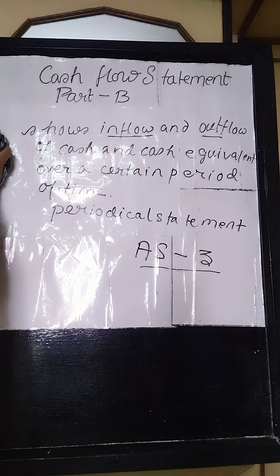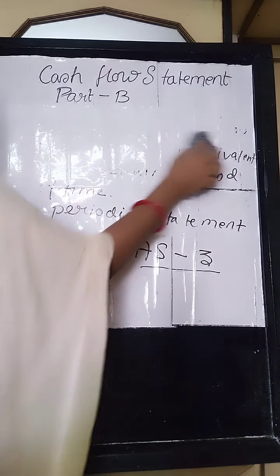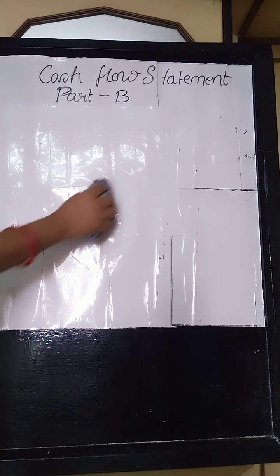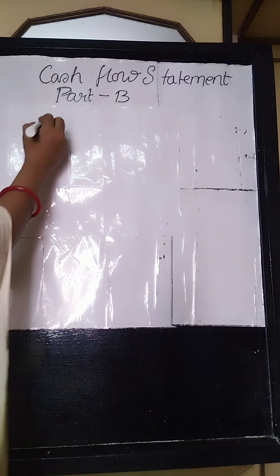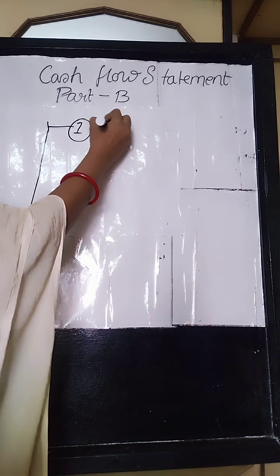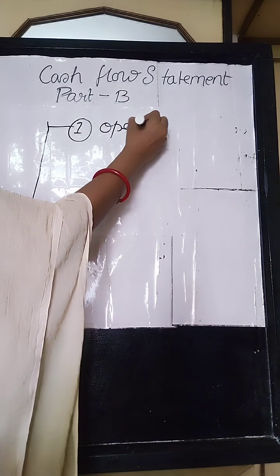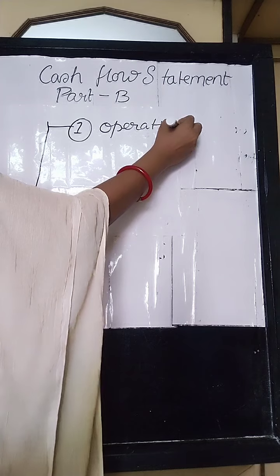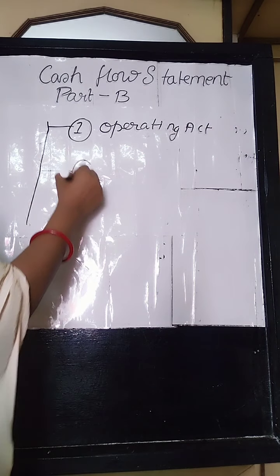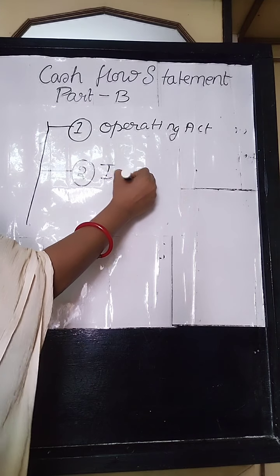Now this cash flow statement comprises three different activities. Number one is operating activities. Number two, investing activities.